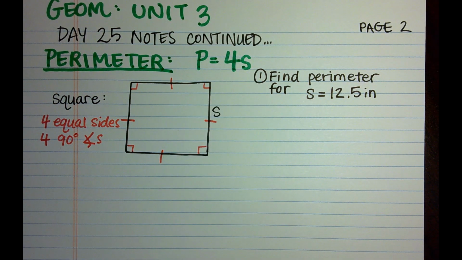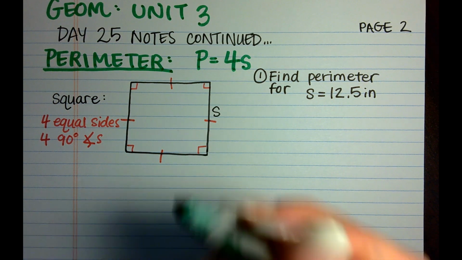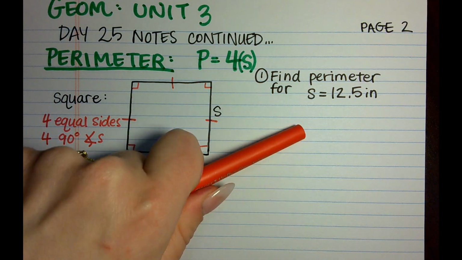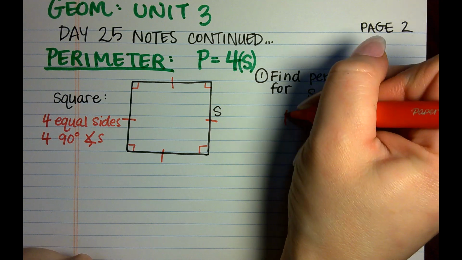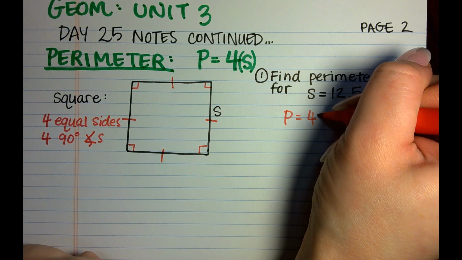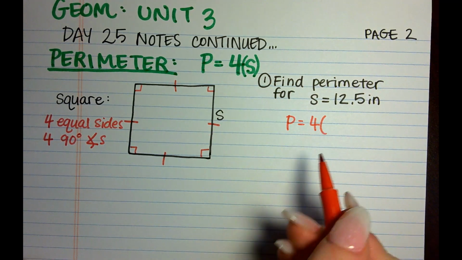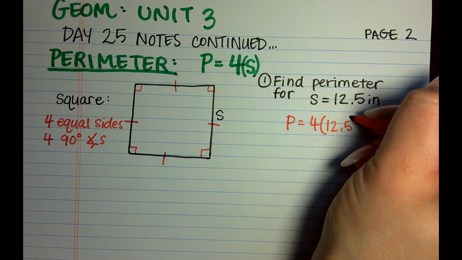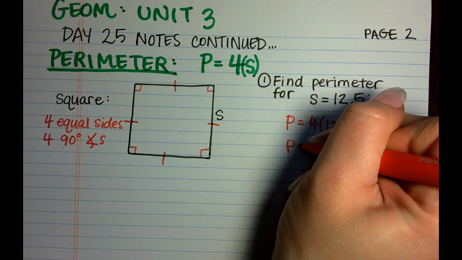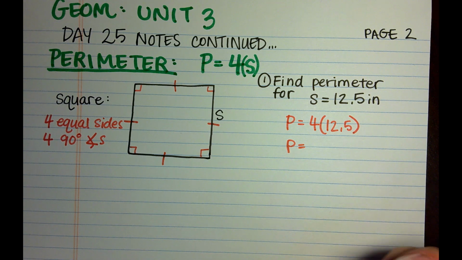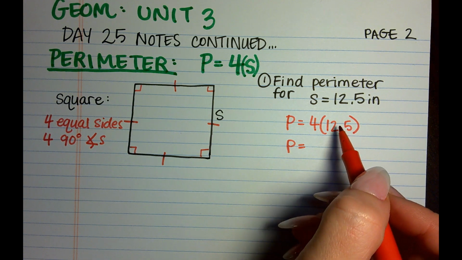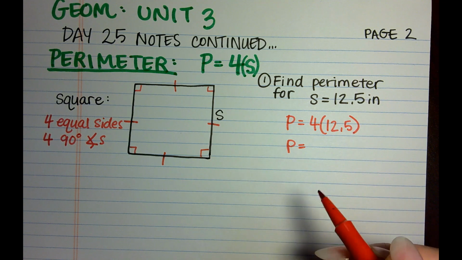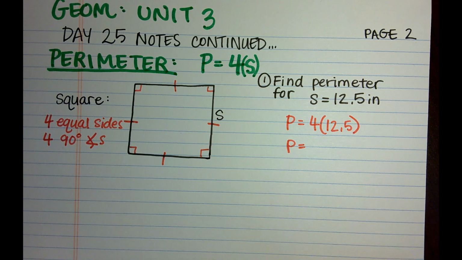Whatever your S is, you take it times 4. And sometimes I like to have that in parentheses. So again, P equals 4 times S. So I plug in 12.5 for S. And I get P equals, that's 50, right? 12.5 plus 12.5 is 25. 25 plus 25 is 50.